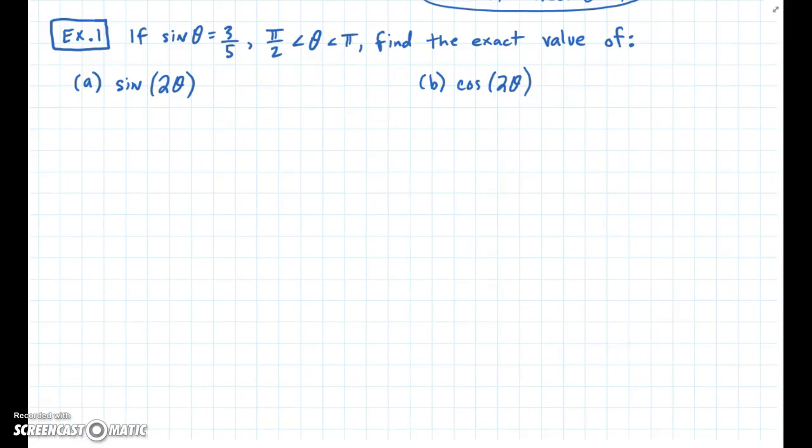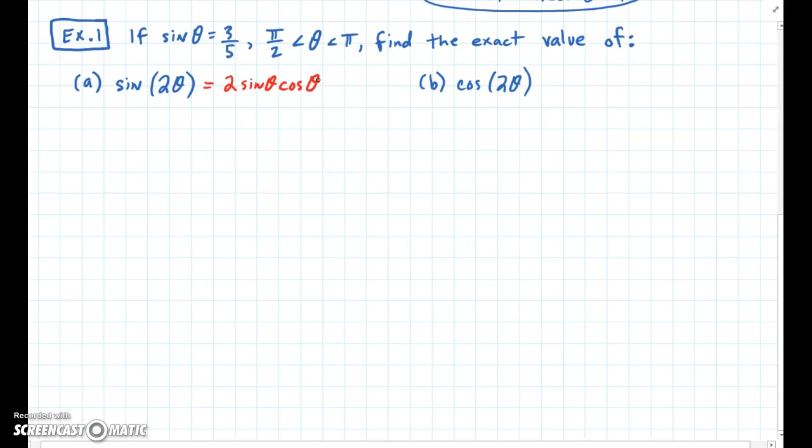Okay, let's look at our first example. It states: if sine theta is 3/5 and theta is between pi halves and pi, find the exact value of sine of 2 theta. We're going to use our double angle formula for sine, which is 2 sine theta cosine theta.